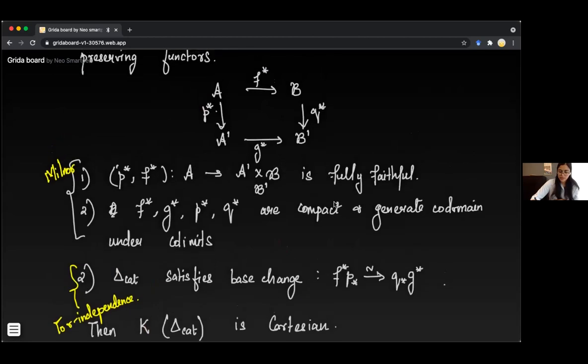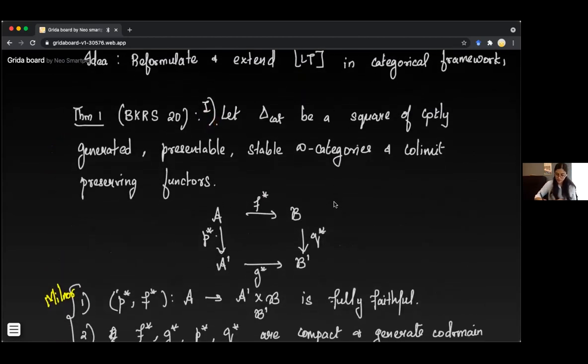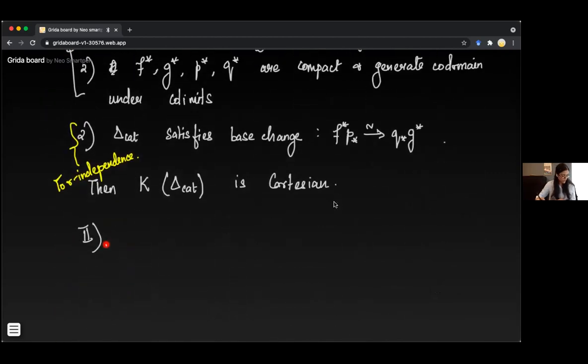And the pro version of the categorical result looks as follows. Now we need some more subtle conditions on the generators.